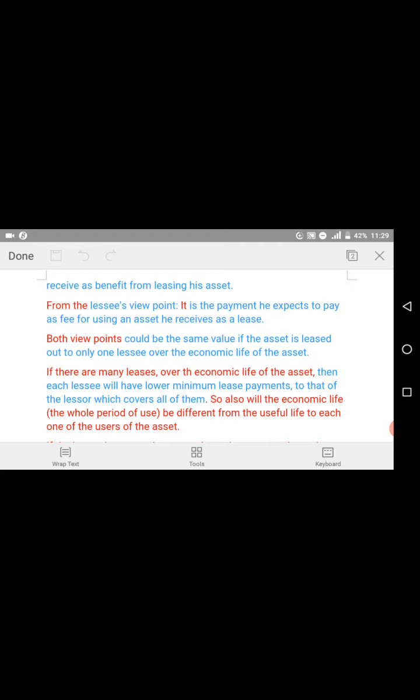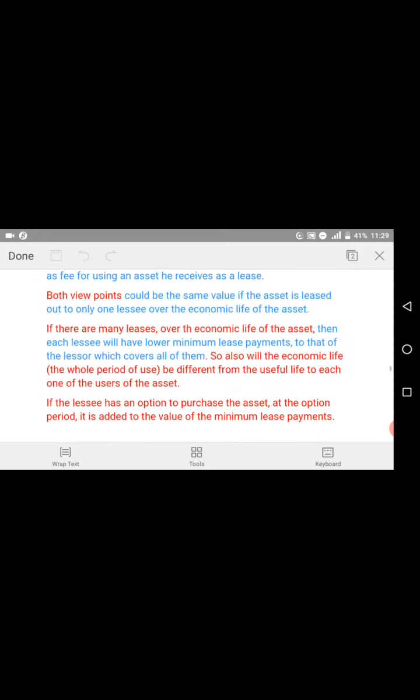That means each of the lessee's minimum lease payments would be part of the total minimum lease payment of the lessor. So also will the economic life, the whole period of use, be different from the useful life to each one of the users of the asset, as we've mentioned before.